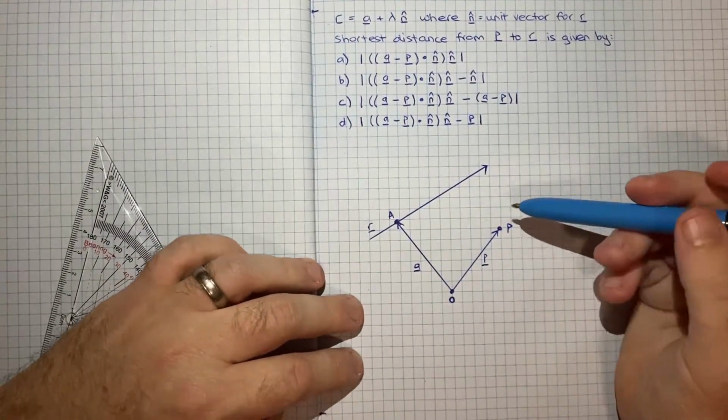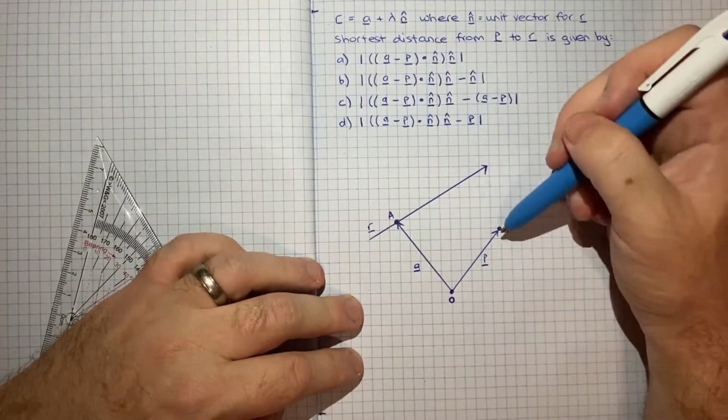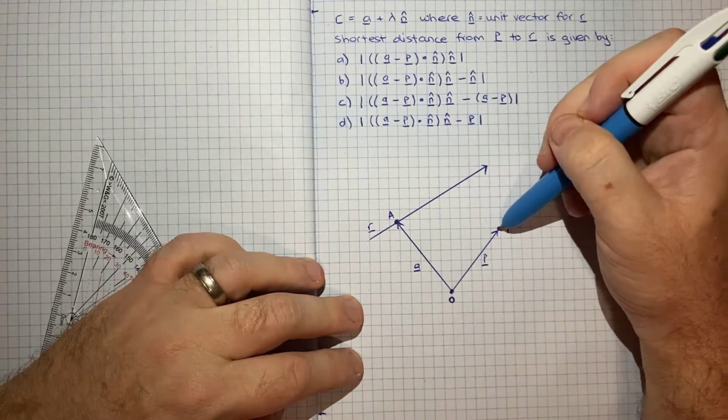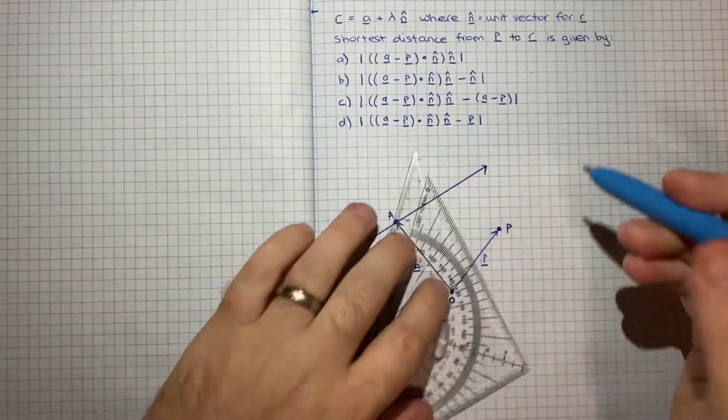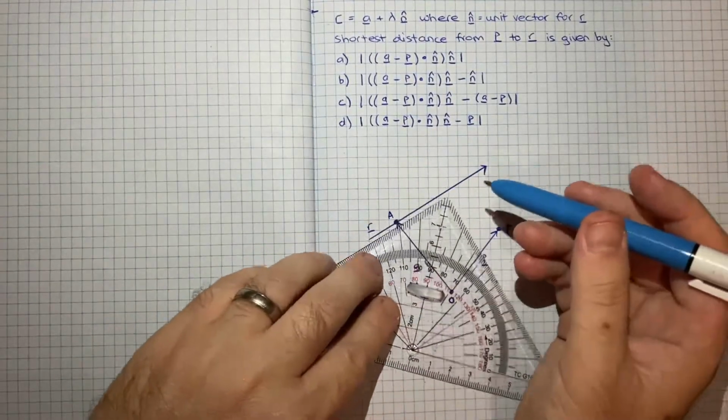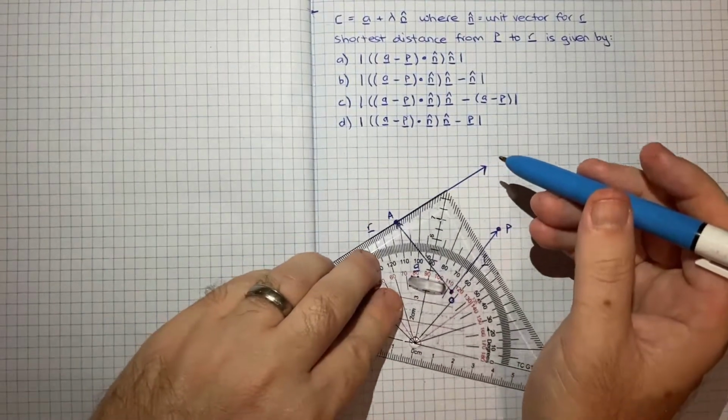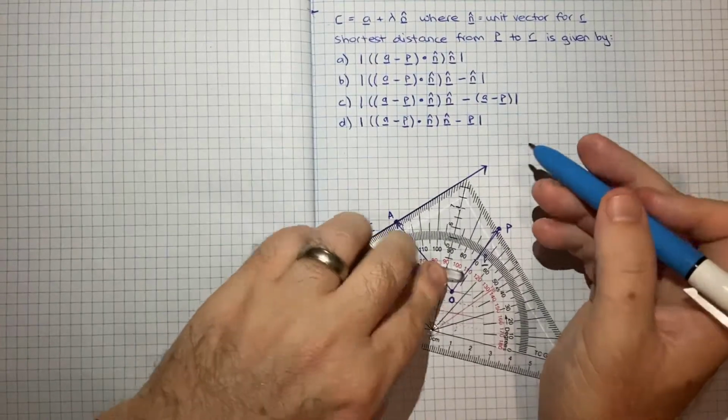And the question is asking us what's the expression that will give us the shortest distance from this point P to this line. So we want it to be at right angles.